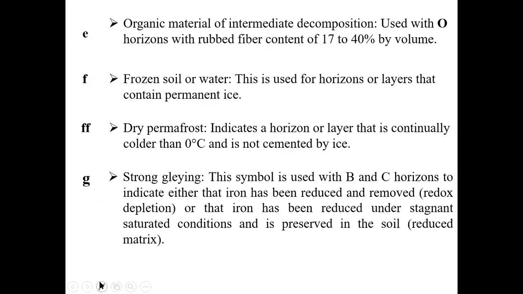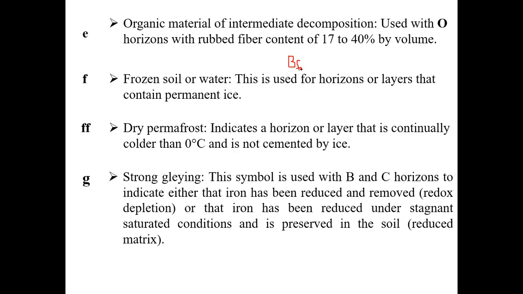Say for example, students, we have seen there is a B in the profile. There is a B horizon, a master horizon. In that master horizon, I have found some frozen ice, mostly in Antarctica or polar caps like Russia. Even in India, you can see it in Himachal Pradesh or the Himalayas. So I have found a B master horizon. In that B horizon, I have seen a frozen layer.